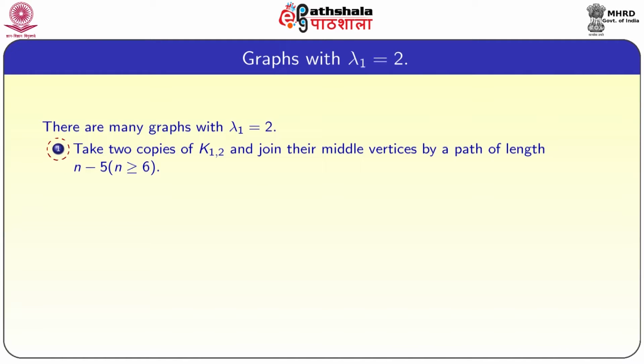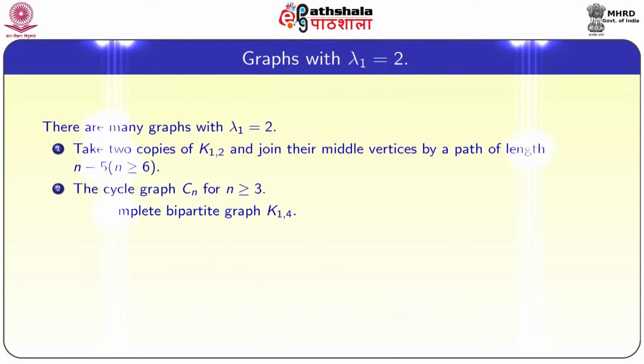Two copies of K1,2 joined at their middle vertices by a path of length n minus 5. This graph is going to give λ1 equal to 2. The cyclic graph Cn for n greater than or equal to 3. The complete bipartite graph K1,4.